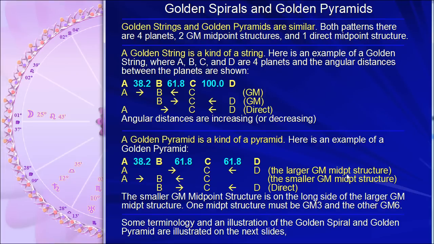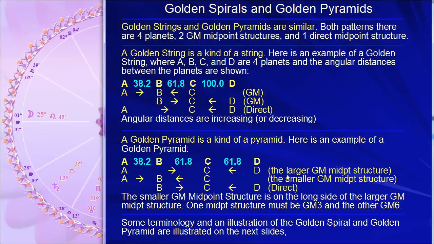I know it's a little complicated at first, all these specific angles, and you can feel like you're going dyslexic or you're getting confused. It's just a very particular relationship. If you want to memorize it, you think about it enough, you'll get it. It's not that essential to memorize it. All you have to know is that very specific relationships, angular distances between the planets, will create these very special patterns.